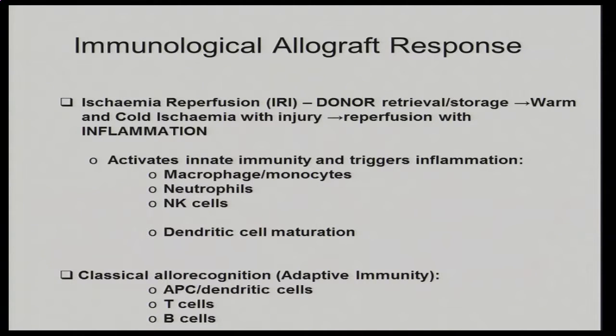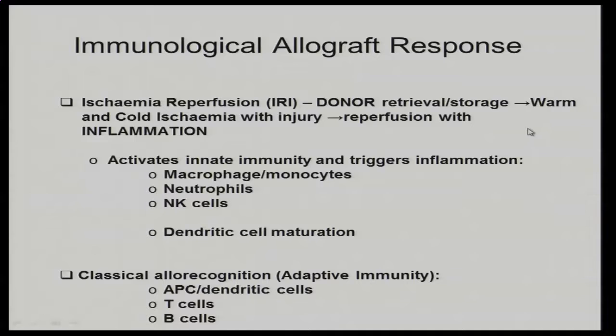So we'll start by going through the allograft response, and the first thing, as I mentioned, is ischemia reperfusion, which is quite important. The donor retrieval of the organ itself and the storage of the organ lead to cold ischemia time and warm ischemia time.